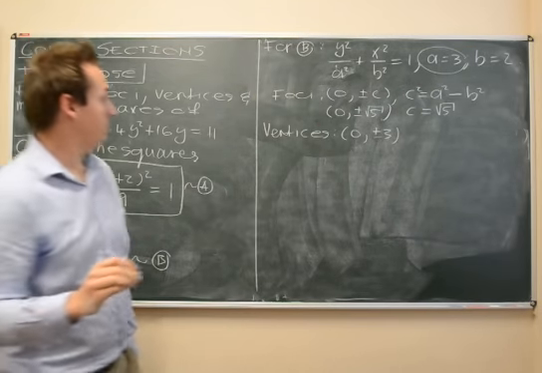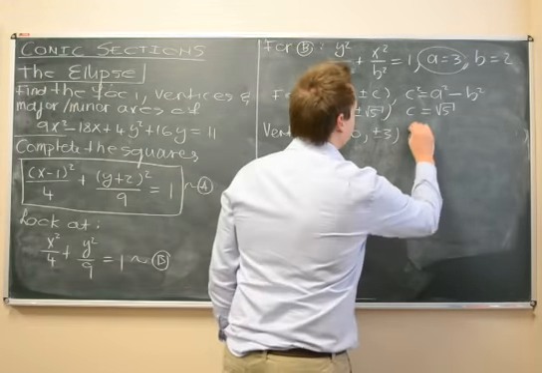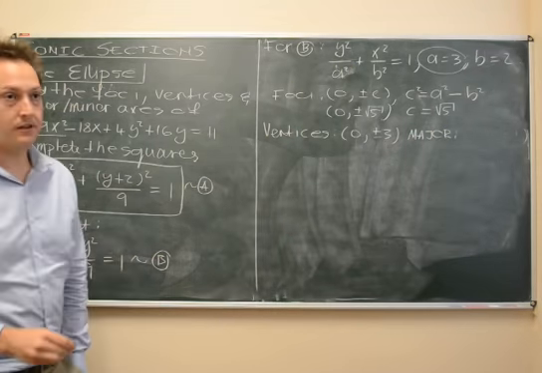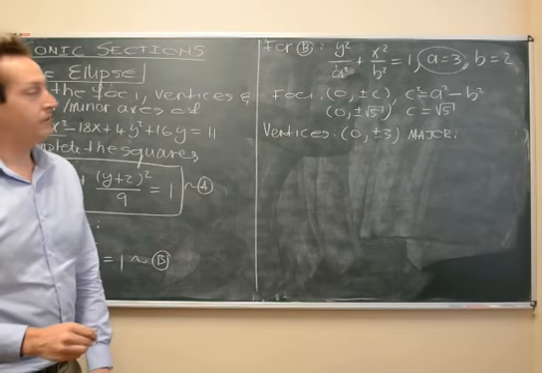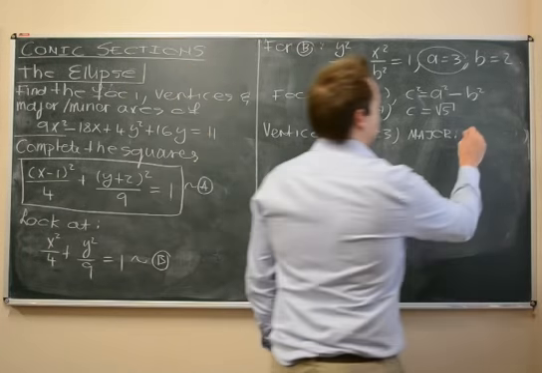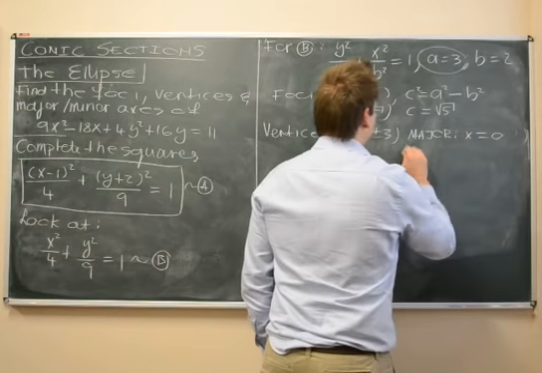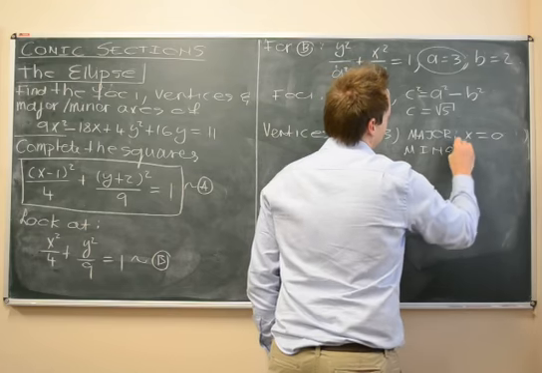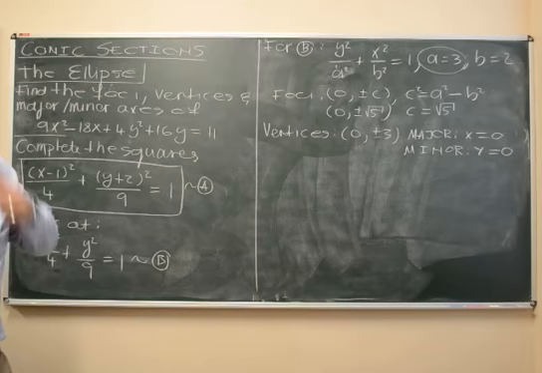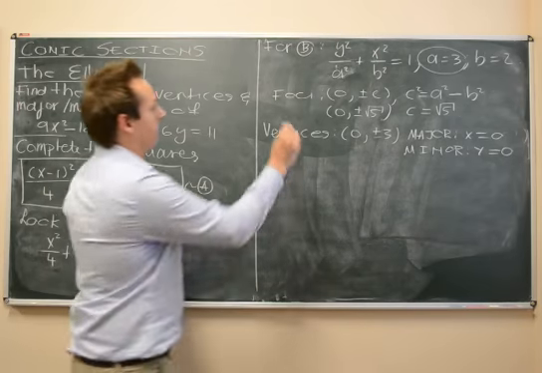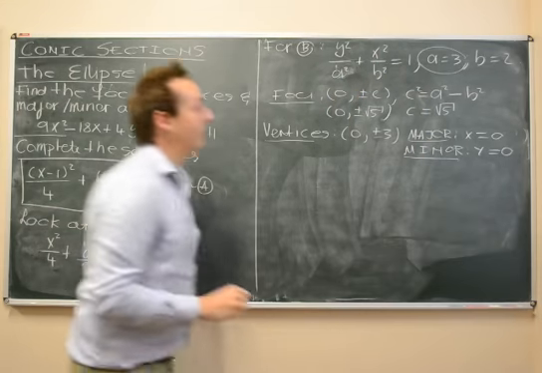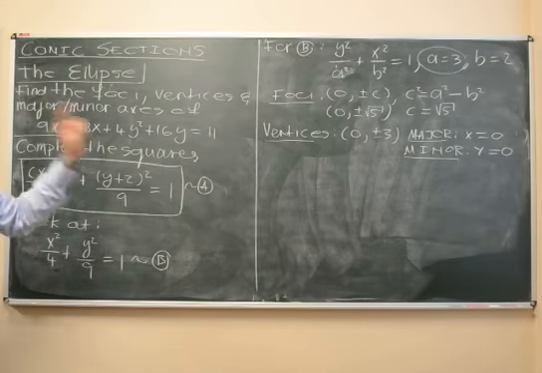Of course, the major axis is the one on which the vertices and the foci lie, so that would be the y-axis, x equals 0. And the minor axis would be y equals 0. So we found the foci, the vertices, and the major and minor axes for ellipse B.